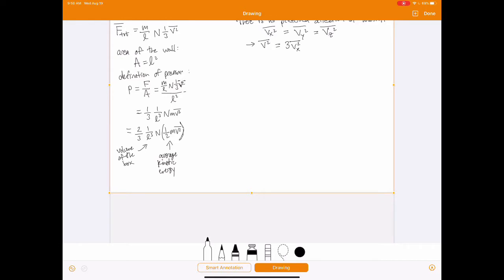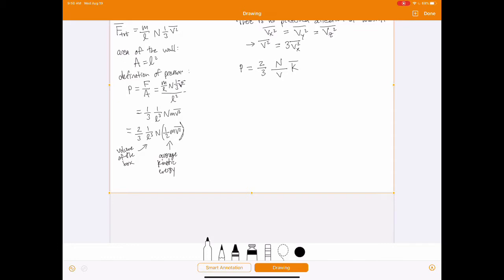So therefore, I can write the pressure in the following way. I've got 2/3, and then I have N on top. I have V on the bottom, that's the volume. And then the 1/2 m v squared is the average kinetic energy, so I'll write that as K with the little bar on top.